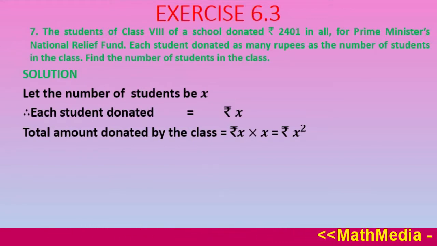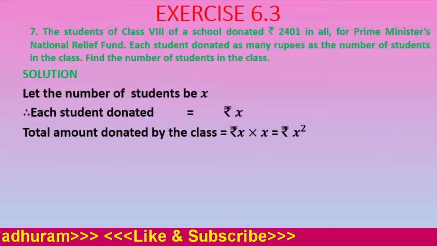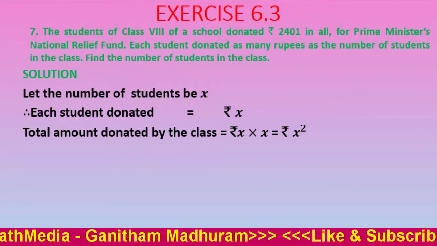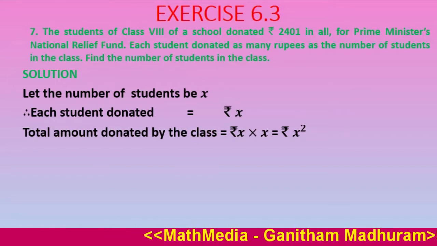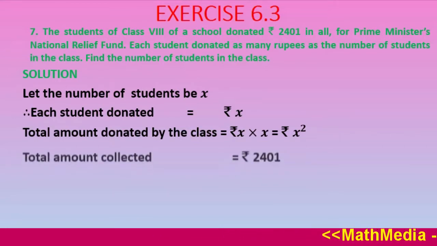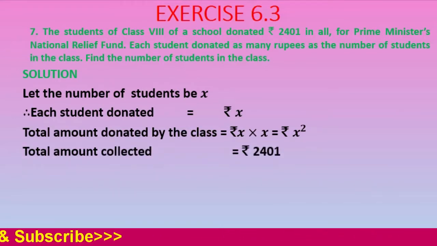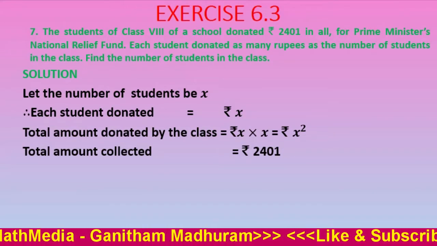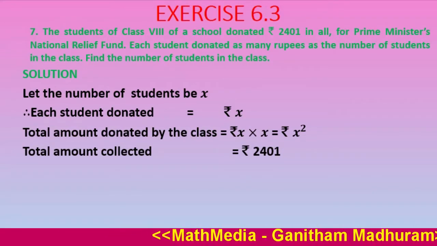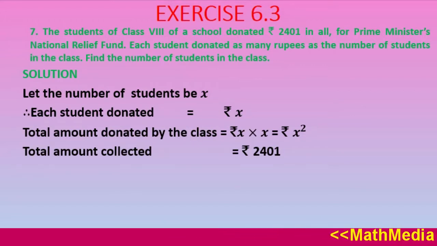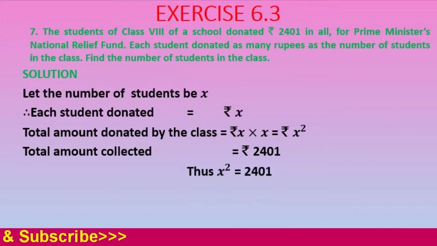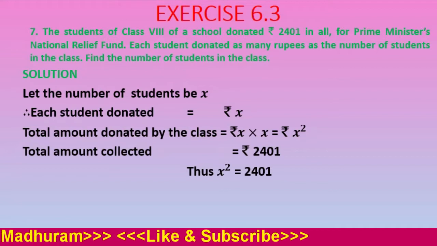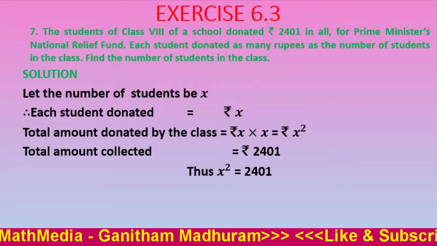The total amount collected is given in the question as rupees 2401. So we can write x square equal to 2401.